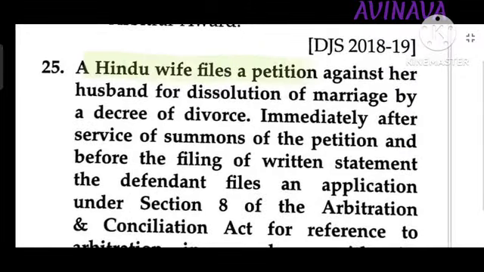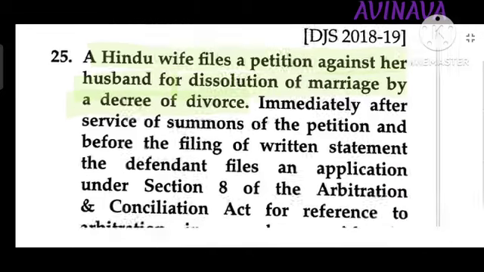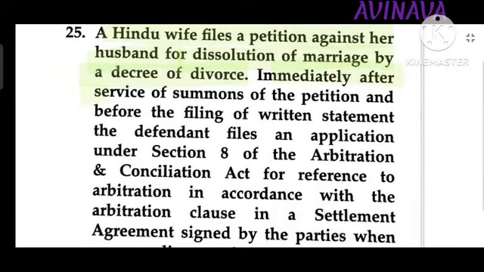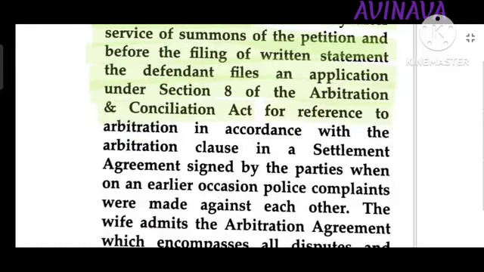A Hindu wife files a petition against her husband for dissolution of marriage by decree of divorce. Immediately after service of summons of the petition and before the filing of the written statement, the defendant files an application under Section 8 of the Arbitration and Conciliation Act for reference to arbitration in accordance with the arbitration clause.